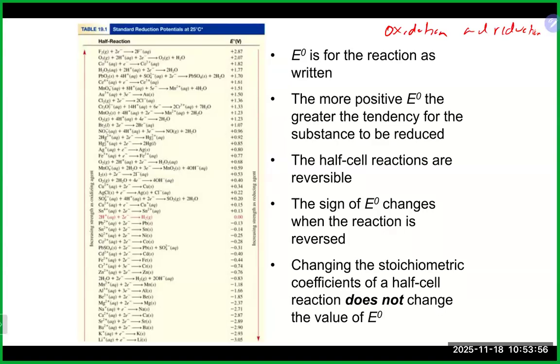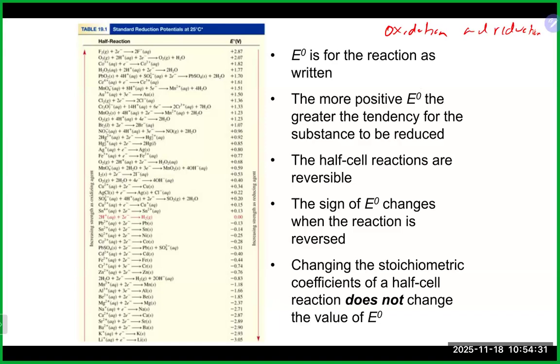Now, how do you know, if you put two things together, which should be your anode and which should be your cathode? If you are not given any information about how this reaction is occurring, or an overall reaction, and you're simply told you're going to build a galvanic cell out of these two things, the one that has the more positive SRP value has a greater tendency to be reduced.